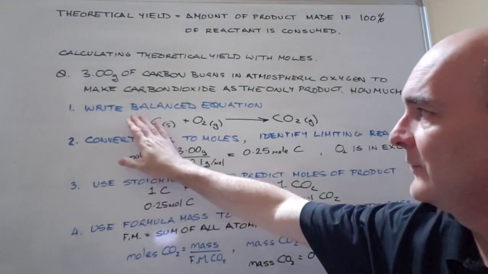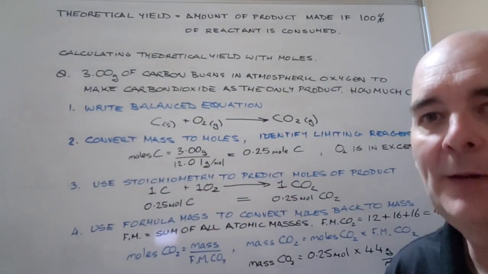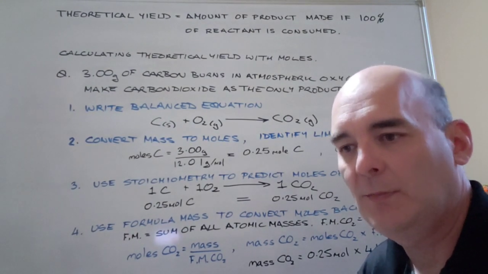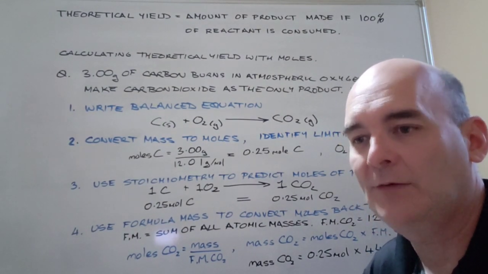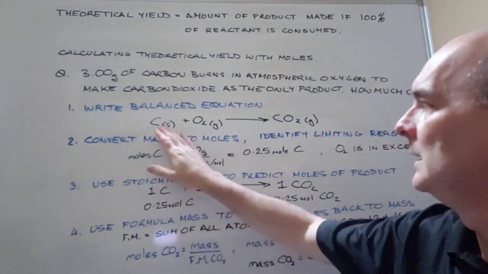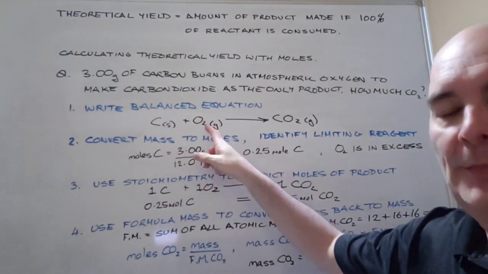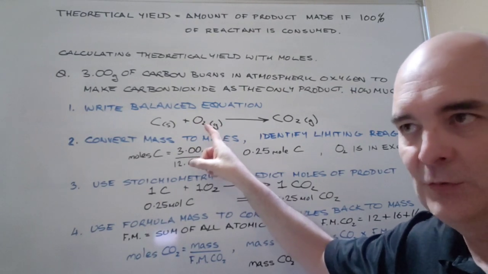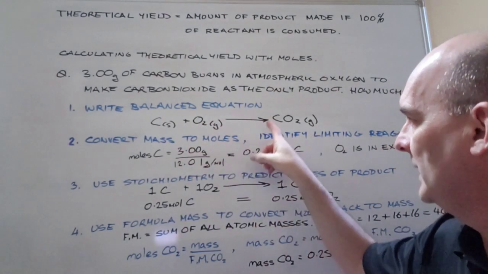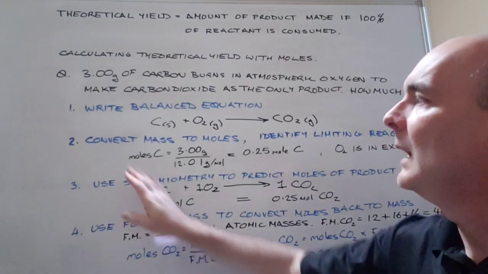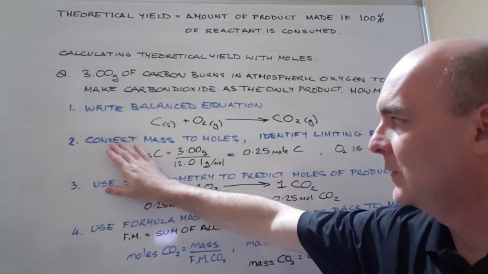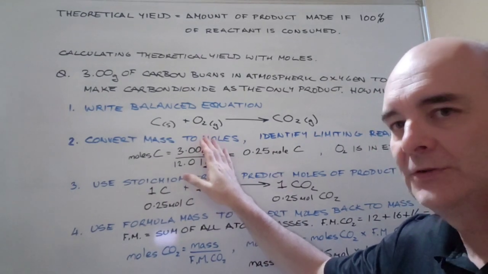The first thing that we have to do is write a balanced equation. None of your calculations are going to be meaningful unless you have a balanced equation. So C plus O2, remember O2 is delivered to us by nature this way, not as individual atoms. C plus O2 makes CO2. And then I'm going to convert my mass value in the question into moles.